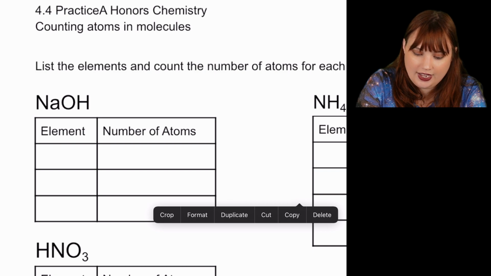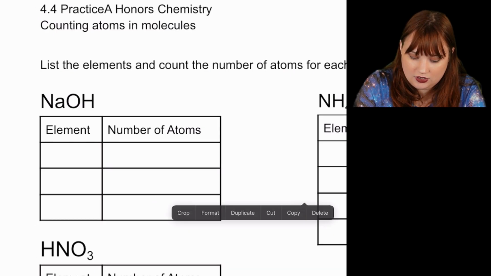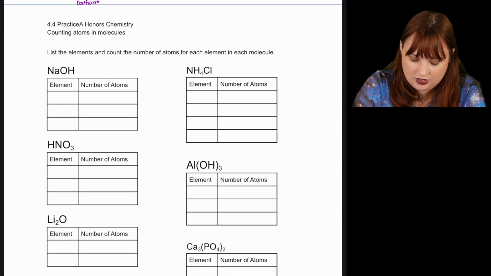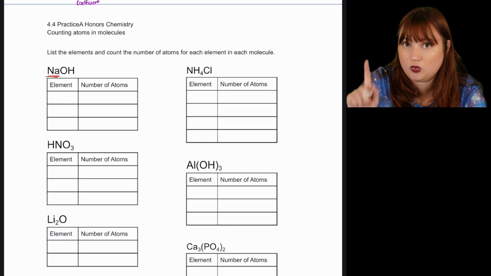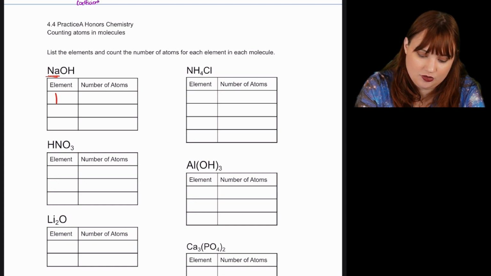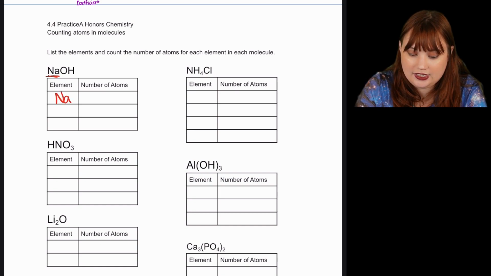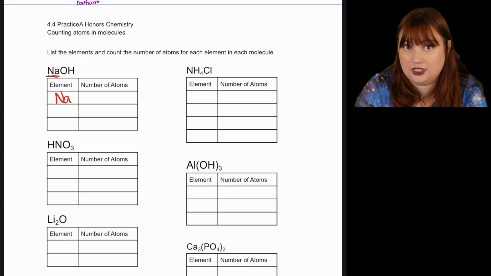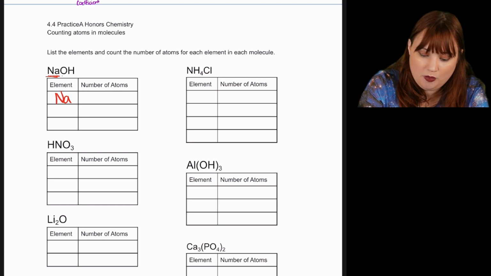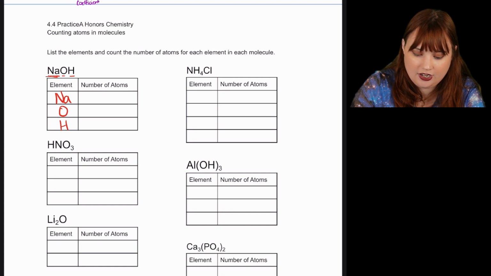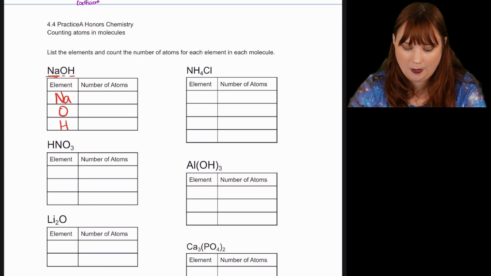If we have a capital next to a lowercase, that means it's one element. So this Na is one element because we have a capital and a lowercase. Next, I have 2 letters that we see together often, O and H. But since they're both capital letters or uppercase, I know that they are different elements.